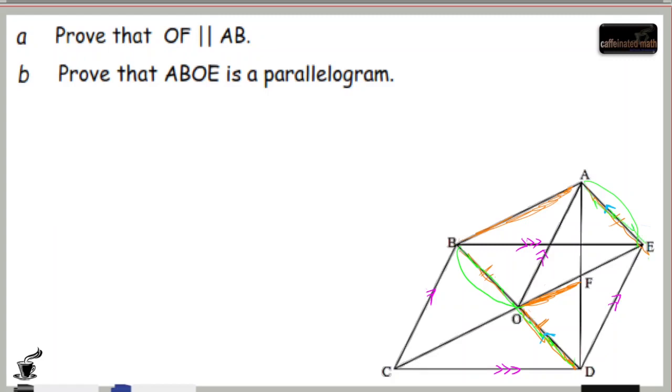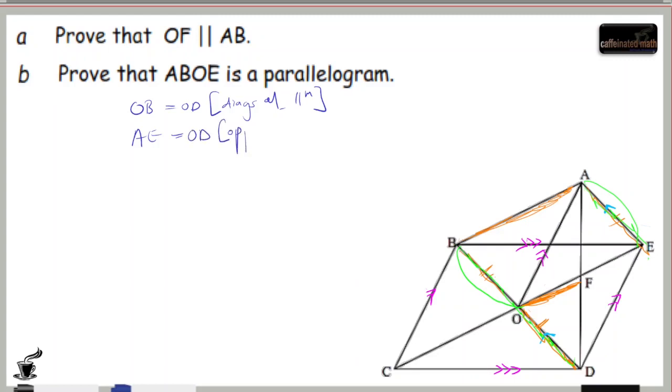Because again, AODE is a parallelogram that was given to us. That means that AOBE or ABOE is a parallelogram. So don't preempt. Now some of you are already seeing something. So let's just go with it. So we are going to say OB is equal to OD, diagonals of parallelogram. And then we can also say that AE is equal to the selfsame OD.